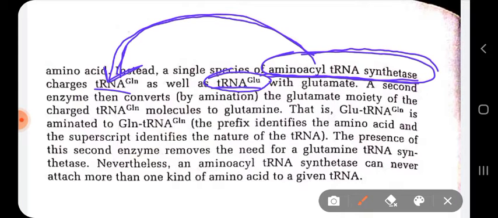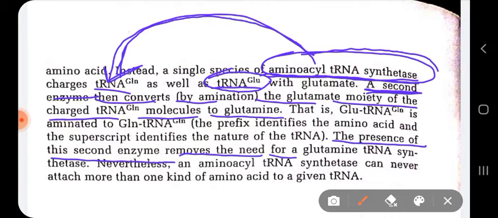Next, a second enzyme comes which converts that glutamate moiety of the charged tRNA molecule to glutamine. In this way, the presence of the second enzyme removes the need for that glutamine tRNA synthetase. So by a two-step reaction, it actually fulfills the need for the amino acid tRNA synthetase which is responsible for charging tRNA with glutamine.